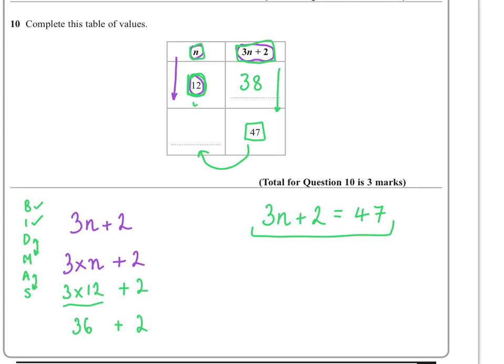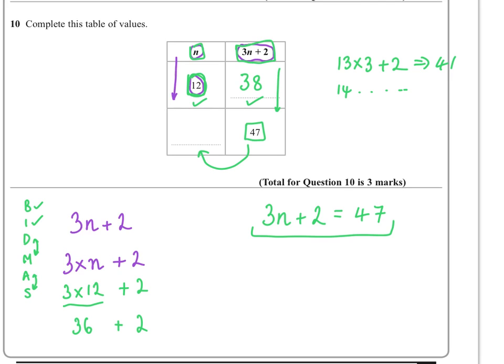So 12 would give 38, 13 would be 3 times 13, which is 39, add 2, which would be 41, and you could keep doing trial and improvement in your head or writing down some notes here. So for example 13, you could have said, well, 13 times 3 plus 2, that would give 41. Maybe you'd want to try 14 and so on.